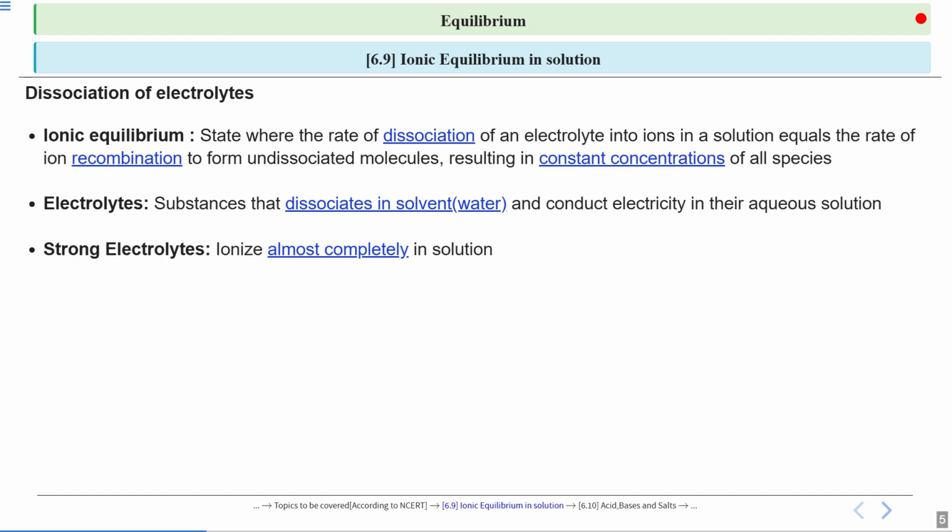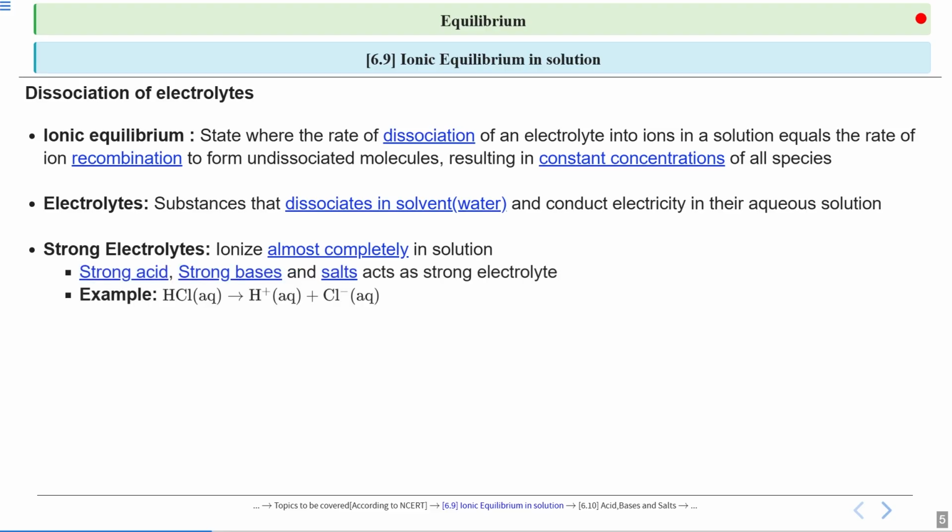Then the salt will be considered a strong electrolyte. Suppose you added the 6th gram, then in that case you will say that, okay, this one is not getting dissociated. But the point is that it should dissolve. Then and only then will we try to define its small dissociation or complete dissociation.